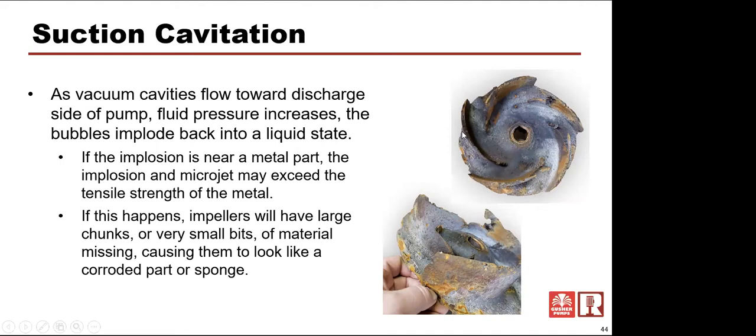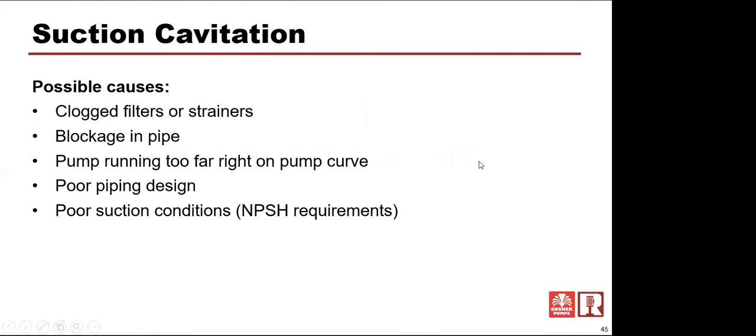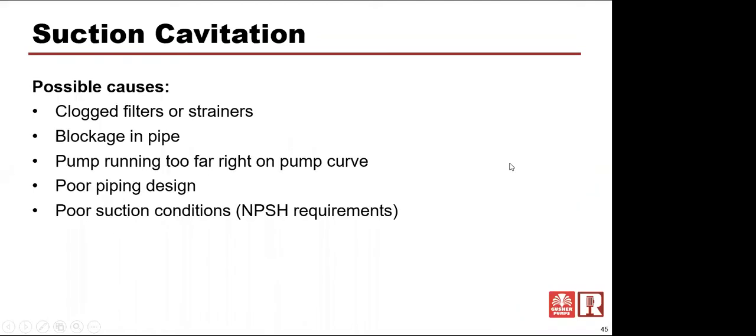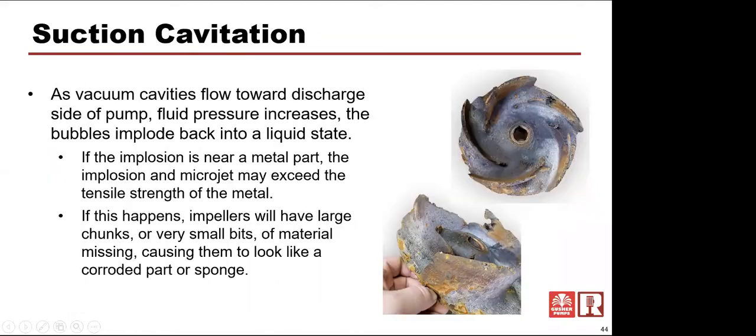So the high pressure side is going to be on the front side of this impeller vane coming around, because that's what it's pushing the water with. The low pressure side is going to be on the back side of this vane, on the following side as this thing's spinning.